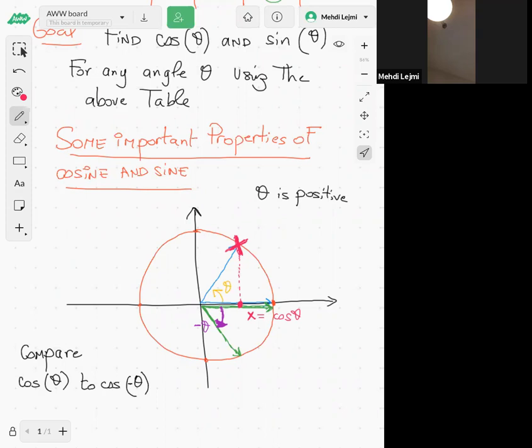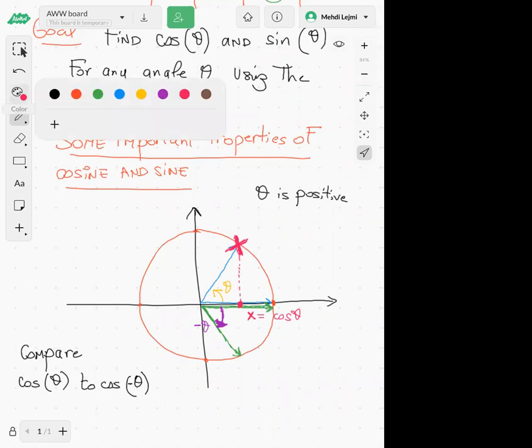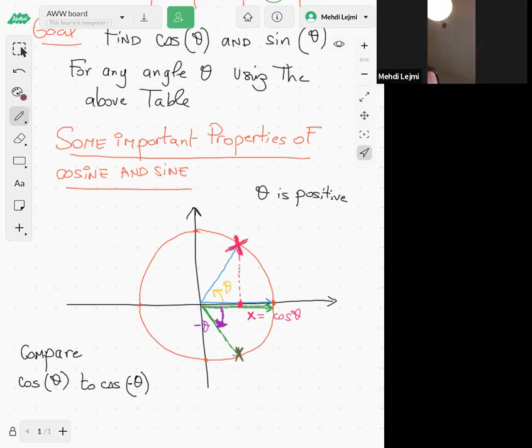Now, the other angle, minus theta, what will be the x coordinate of the angle minus theta? Well, you have this point here. This point corresponds to the angle minus theta, and so the x coordinate of this point would be the same.